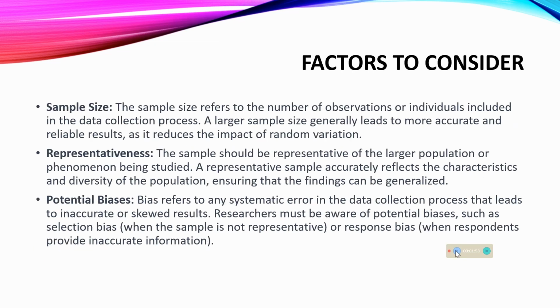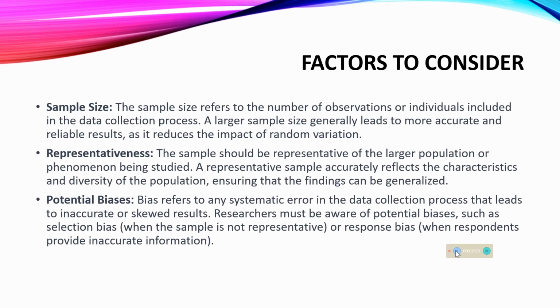When collecting data for empirical analysis, several factors should be taken into consideration. The first factor is sample size. The sample size refers to the number of observations or individuals included in the data collection process. A larger sample size generally leads to more accurate and reliable results as it reduces the impact of random variation. For example, if you are collecting data on consumption and income of 100 households of your city, then the sample size here would be 100.